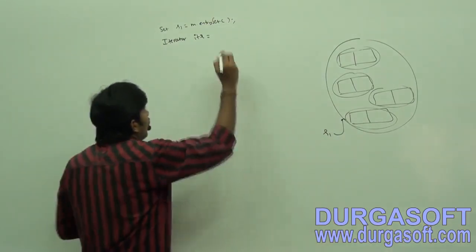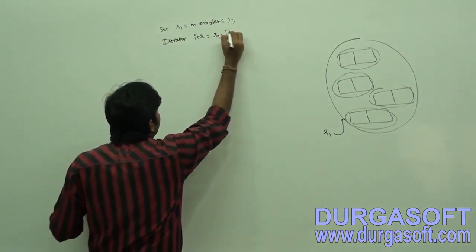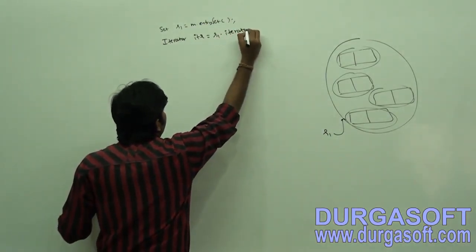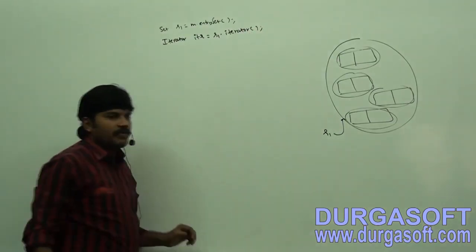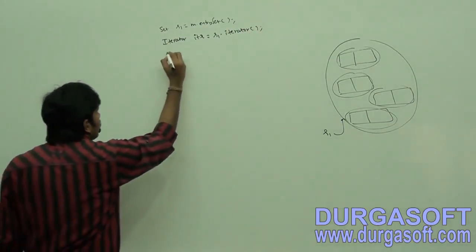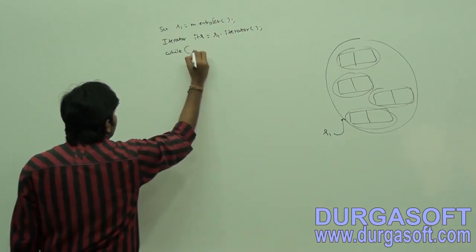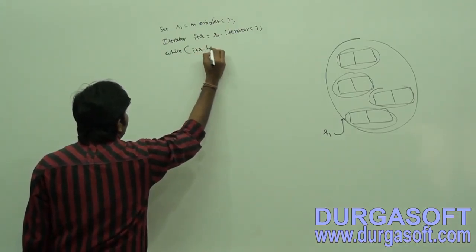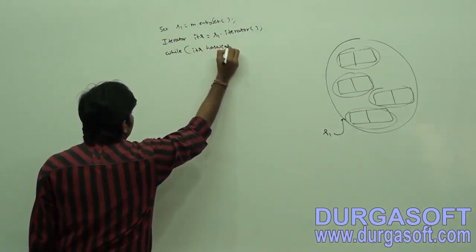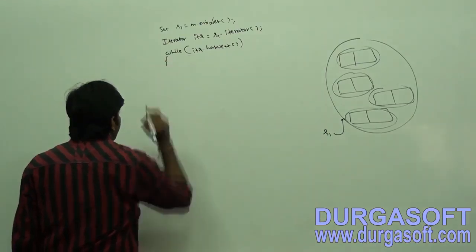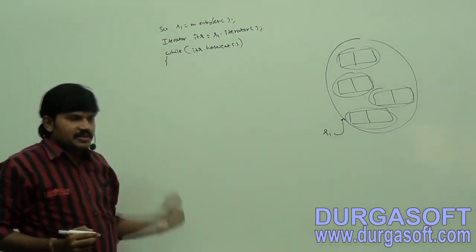Set S1. On S1, I am calling which method? The iterator method. Now I got the iterator. While, what is the next code? While itr.hasNext(). If the next element is there, can you please provide that next element?